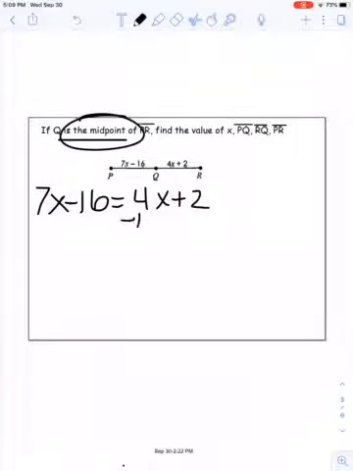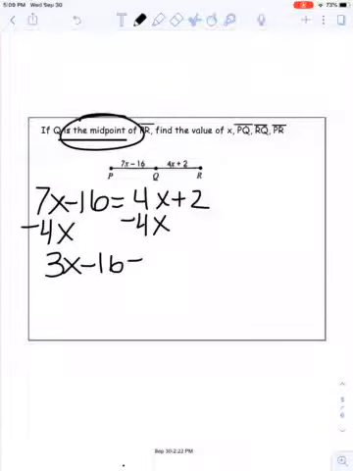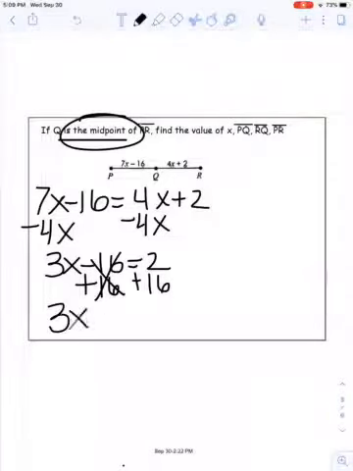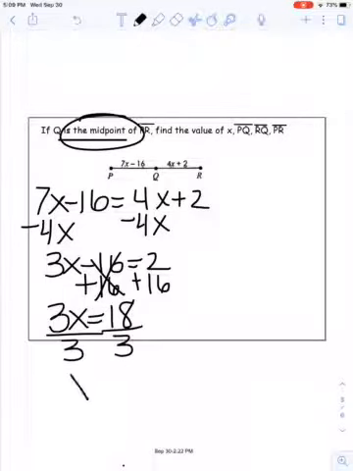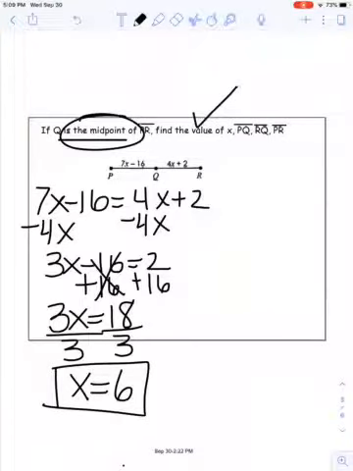I'm going to subtract 4x, and I'm going to add 16. So I get x equals 6. So when you see midpoint, you set them equal together.